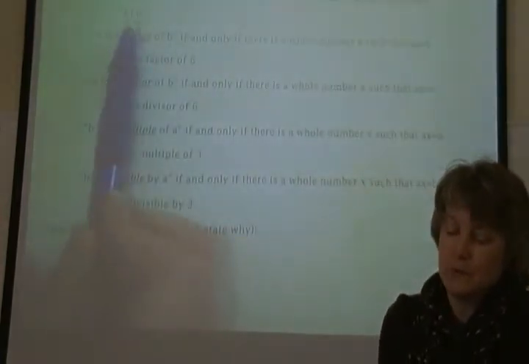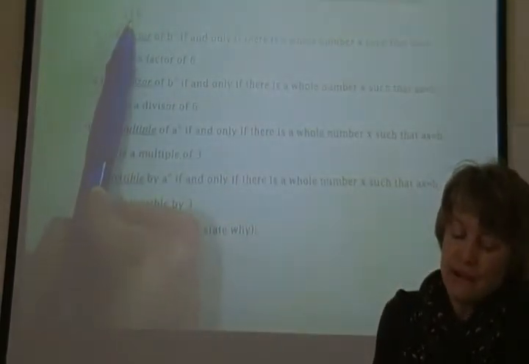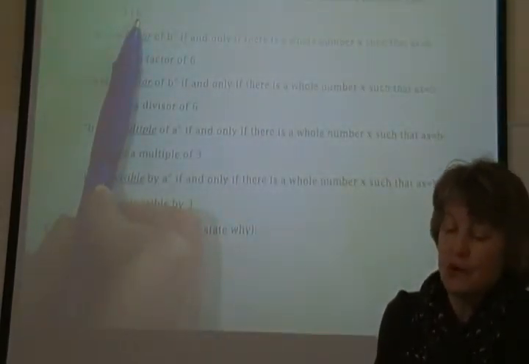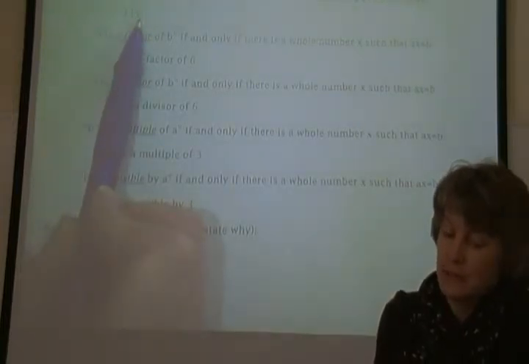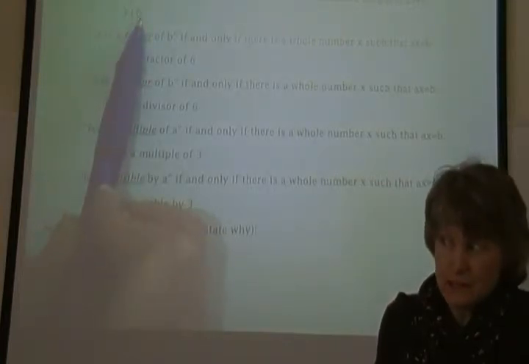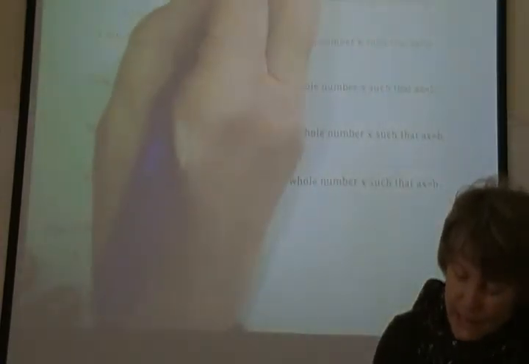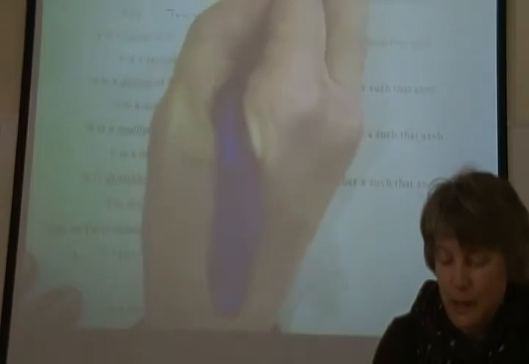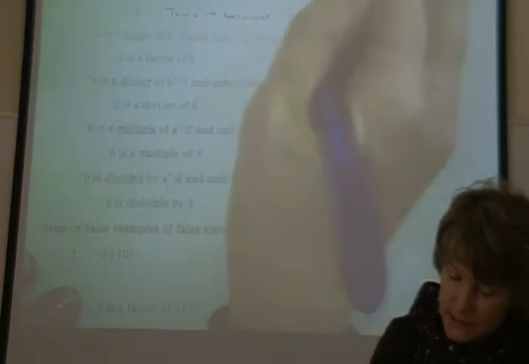So looking at this example and trying to take those words and figure out what they mean, 3 divides 6 if and only if you can think of a number, x, such that 3 times that number equals 6. So because we know that 3 times 2 equals 6, we know this is a true statement. 3 divides 6, that's true because 3 times 2 is 6.